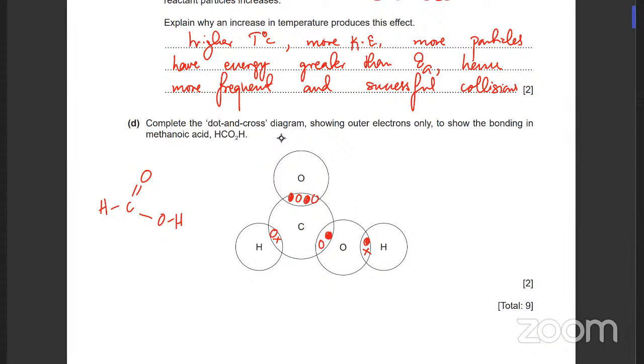And then you draw the rest of the electrons for oxygen. Oxygen has a total of 6 electrons, so that's 2 lone pairs. So you've got 2 lone pairs.